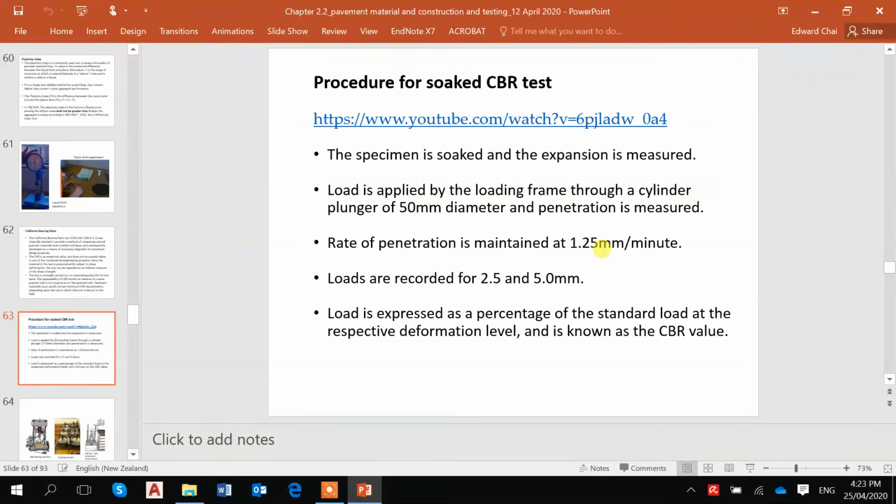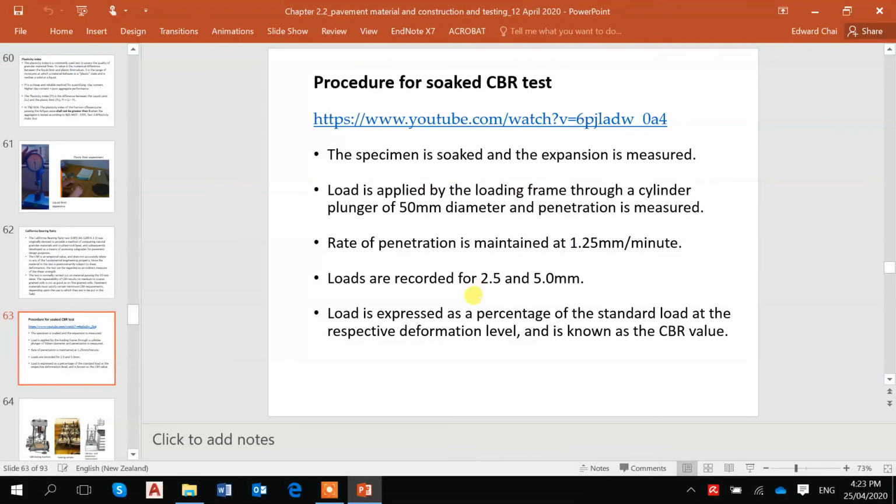There is a handle you roll, and the plunger goes down. So the rate must be 1.25 mm per minute, and the loads are recorded.